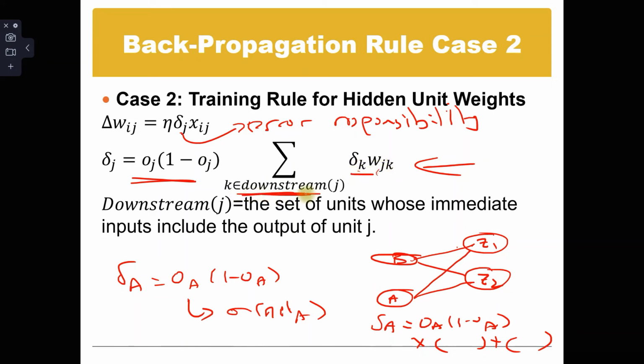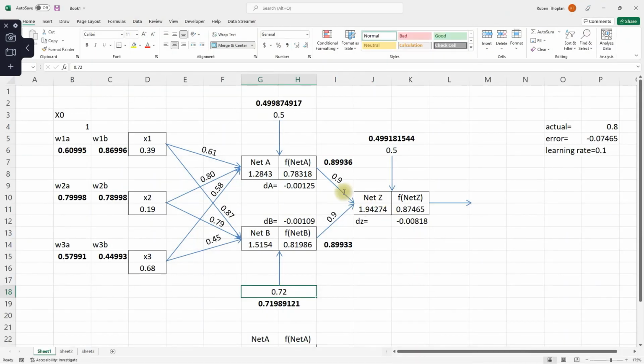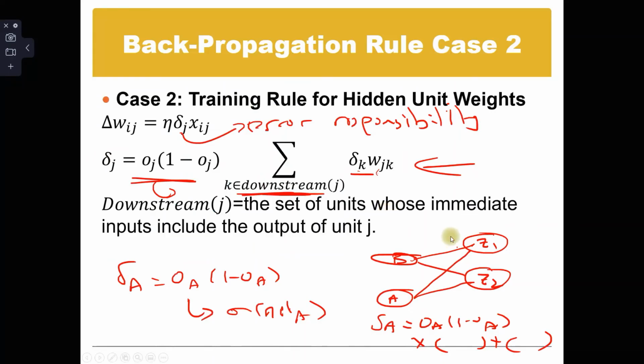Delta K, K downstream of node J. Downstream of node J means what comes below node A. What comes below node A, of course, is node Z. If you have A, the node that is downstream of A is Z. So downstream of A, you have two possible Z here. This is why you will have to do delta.